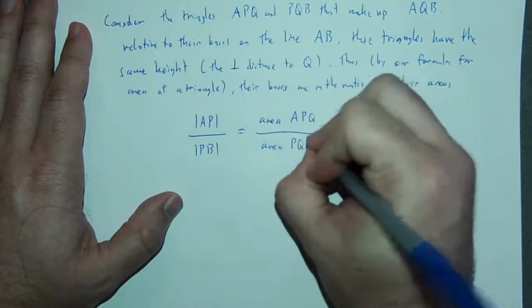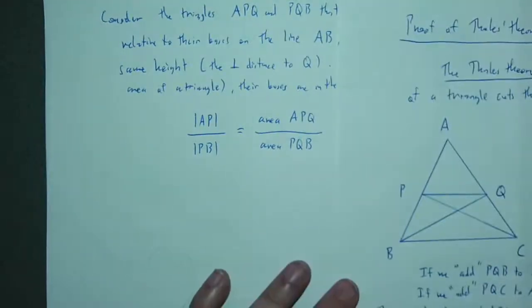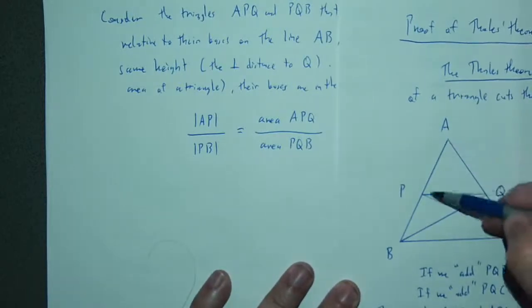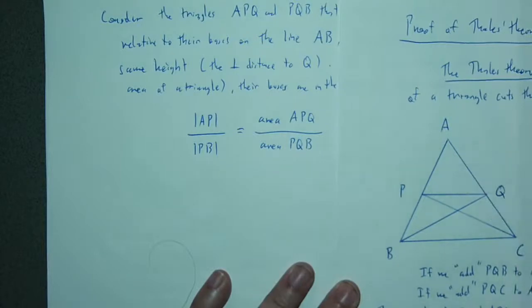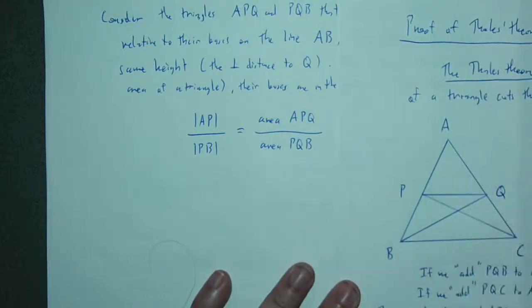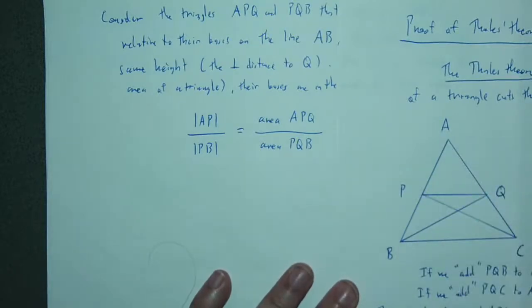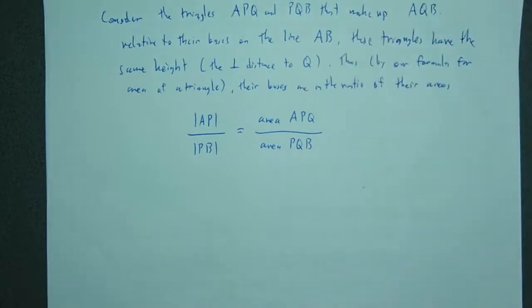Now let me bring back my diagram. So bringing back my diagram over here. So I have base AP, right, and base PB. So that ratio has to be the same as the ratio of the area of APQ and PQB. Okay, this is again directly from that formula, or rather the statements following my triangle area formula.